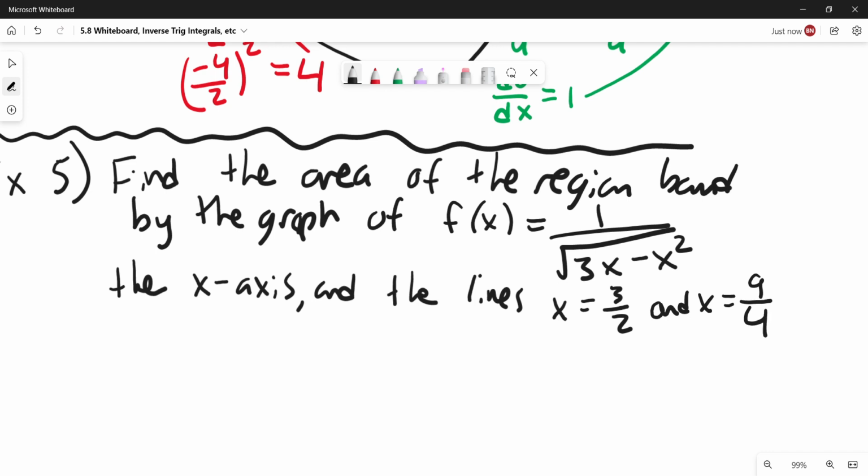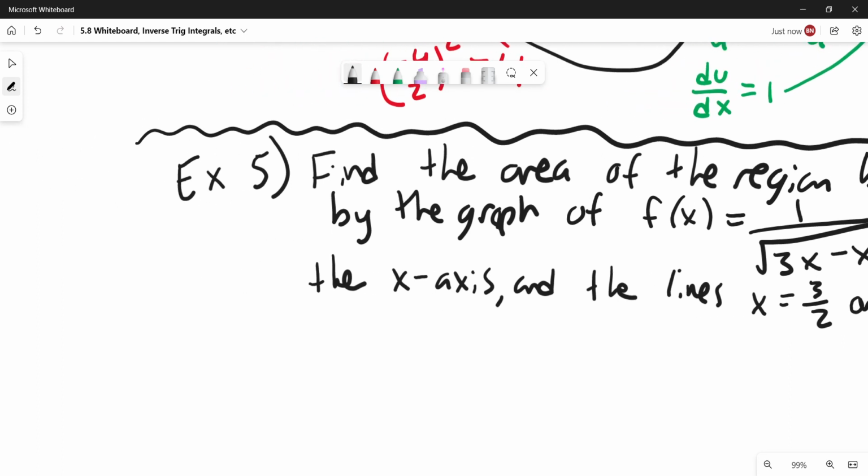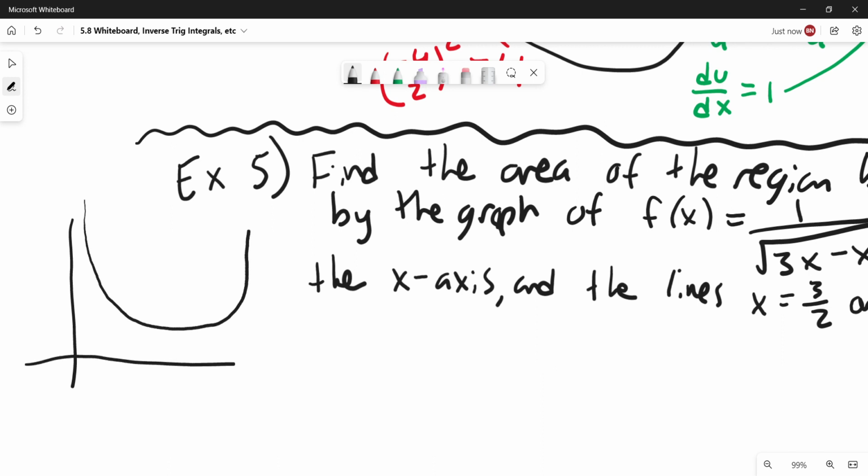If you look in the textbook, it has a little picture, but basically this graph, at least this little part of it, kind of looks like this. That's kind of lopsided, but then this is like here into like here. It's like wanting you to find that area.